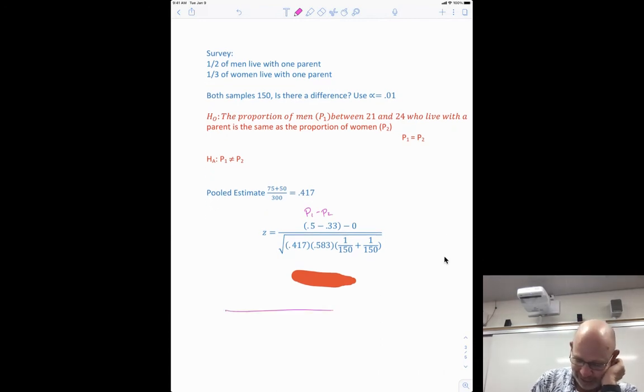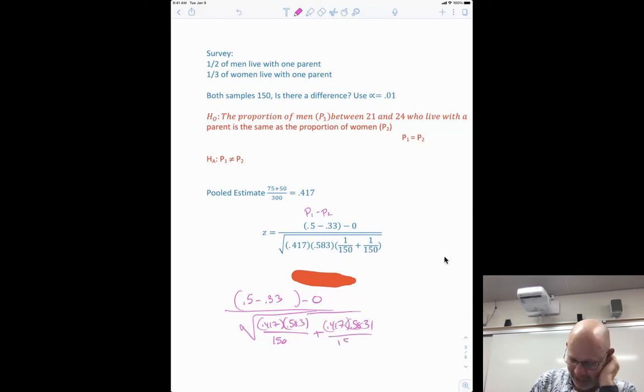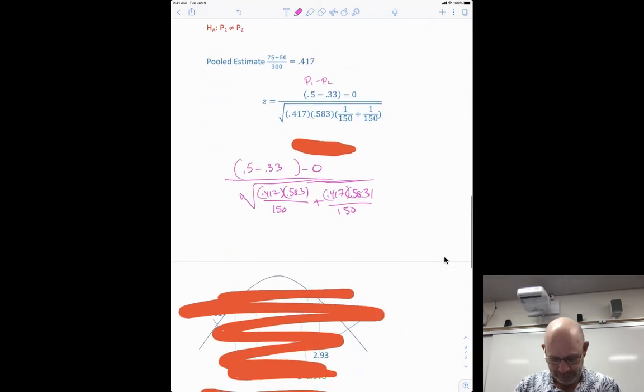I like to write it this way: 0.5 minus 0.33 minus 0 over the square root of 0.417 times 0.583, because that's my P and my Q, over 150. Then we do it again, right? The sample sizes could be different. The book factors it out. Either way is, of course, the same math, but I like to write it like that because that stays consistent with what it looked like for the confidence interval.